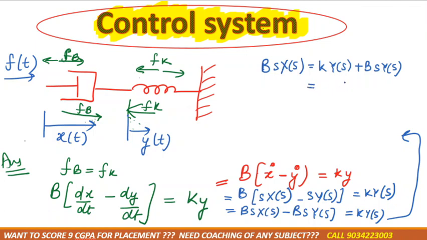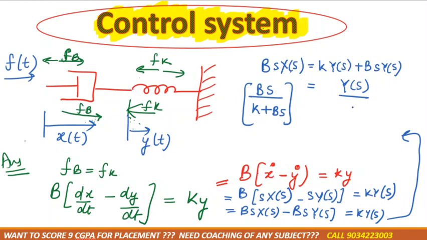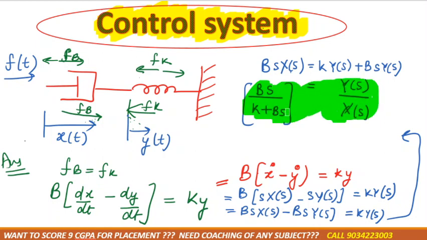Now we can take Y(s) common, then it would be Bs divided by K plus Bs, and then I shift X(s) here. So this is your final answer for the transfer function.